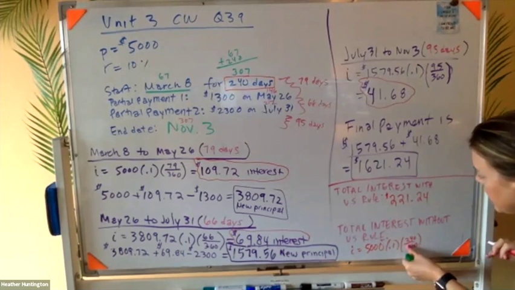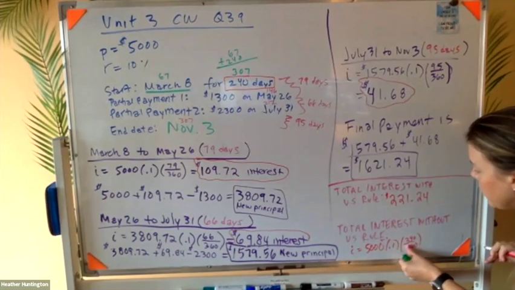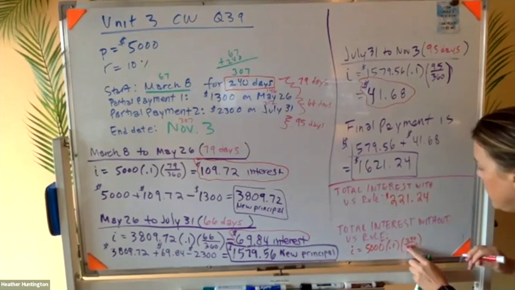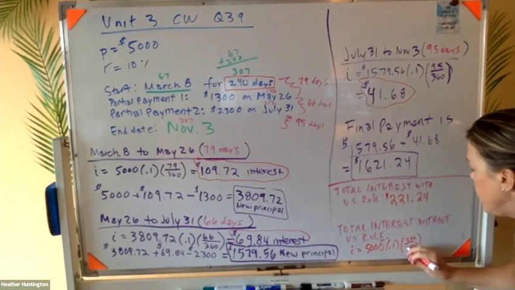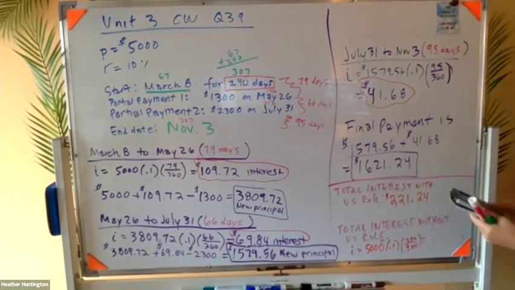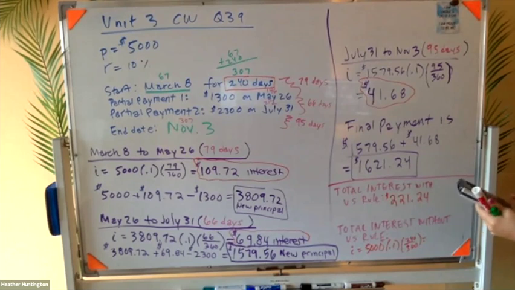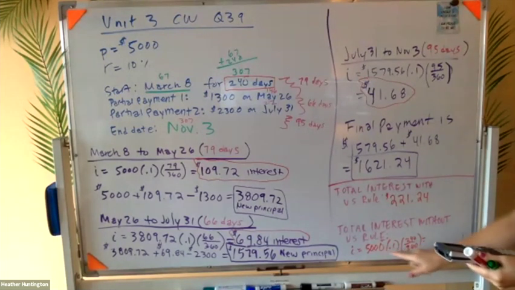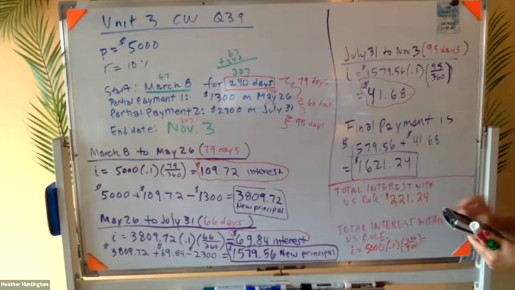Let's see what we get. Also, do you think it's going to be more or less than this? These are questions you should be asking yourself as you actively engage in this problem. It will be more. Yeah, right? Because that's what the banks wanted also. They wanted to charge you 10% on 5,000 all the time.